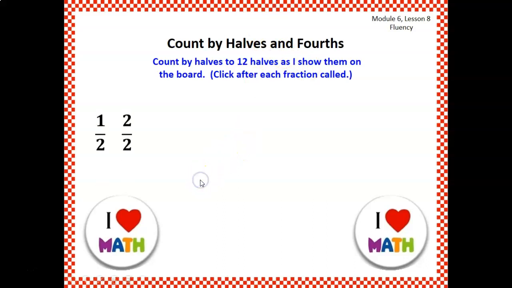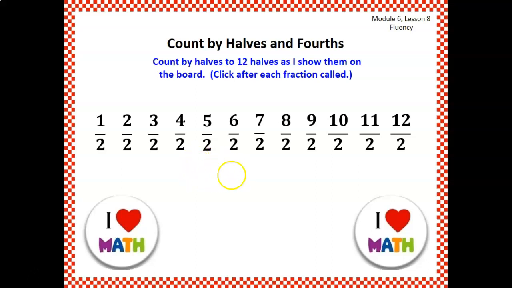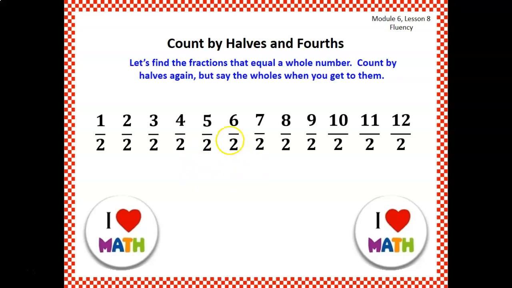1 half, 2 halves, 3 halves, 4 halves, and you keep going. 12 halves. Okay. Let's find the fractions that equal the whole number.